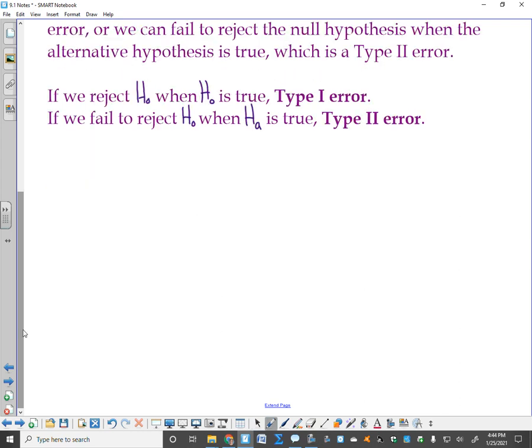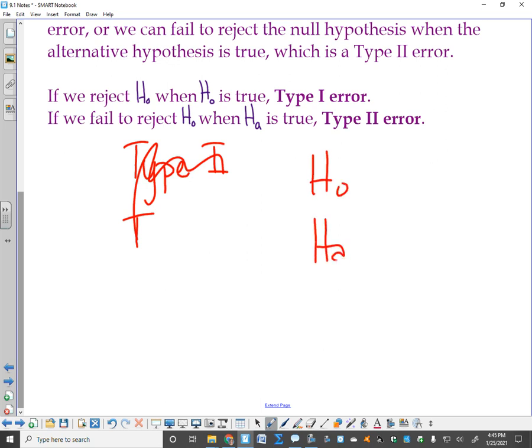So here's how I remember it, and I usually do this thing in the air with my hands, but you can't see me. So let me see if I can do this. H sub O, H sub A. All right, I want you to think about this like floors on a house.